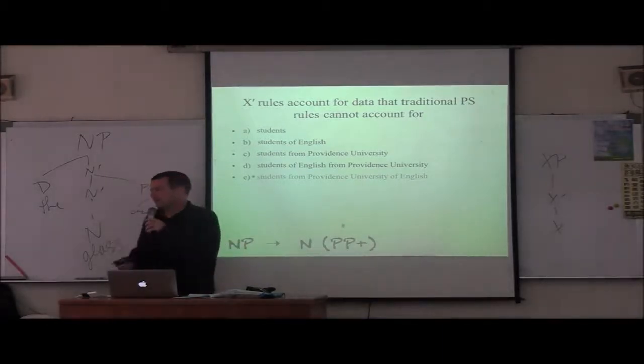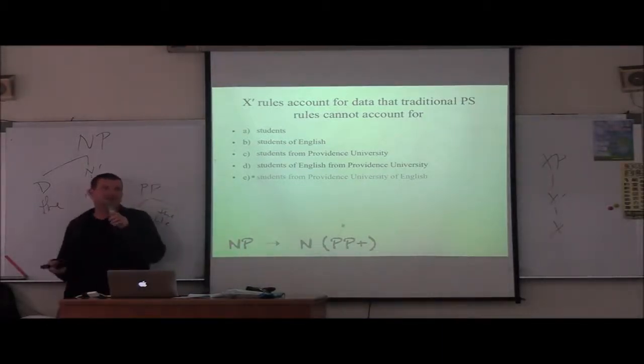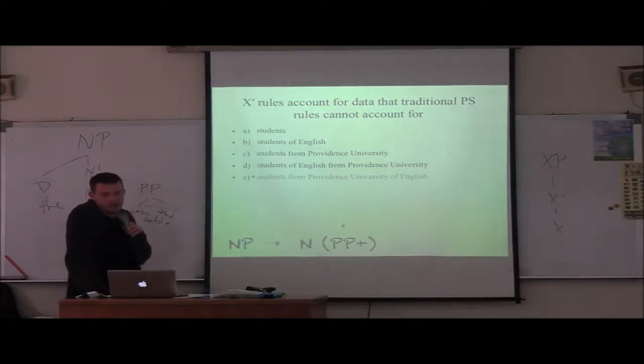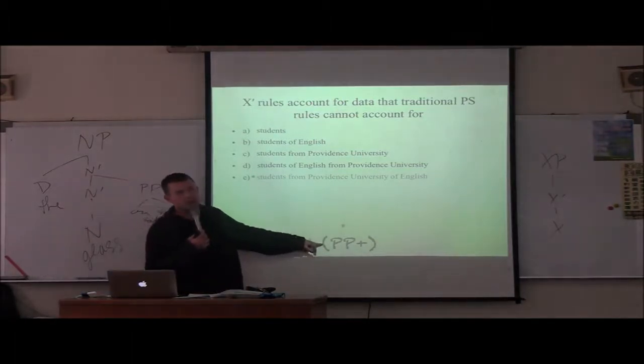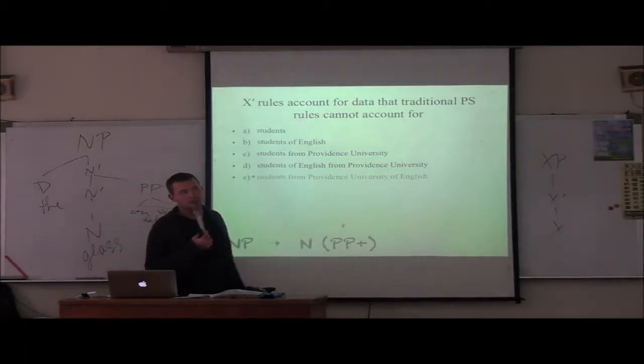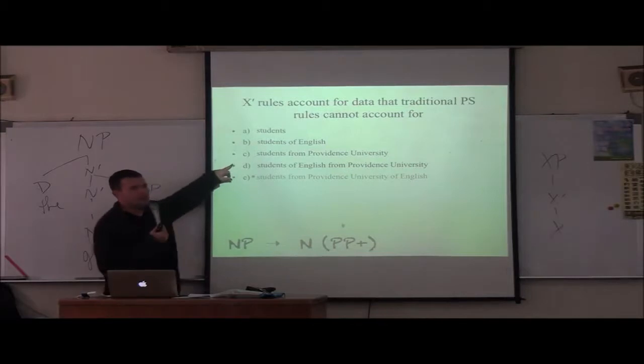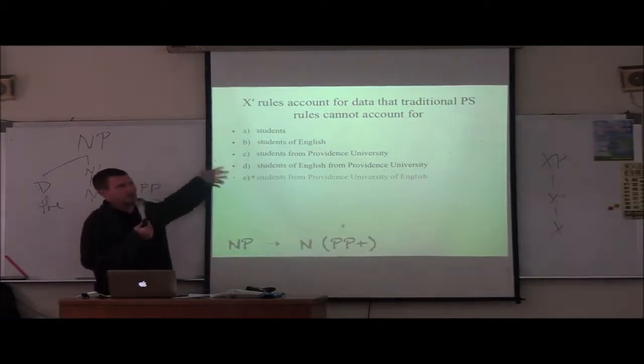We want a rule that doesn't generate E, but that does generate A through D. Well, good luck with that if you only allow yourself to refer to the category orientation of the constituents in a phrase. There's nothing you could do to this rule that would make it generate D but not generate E.